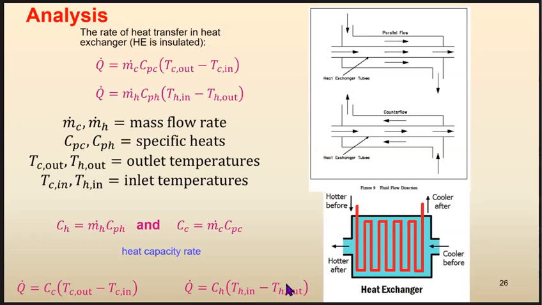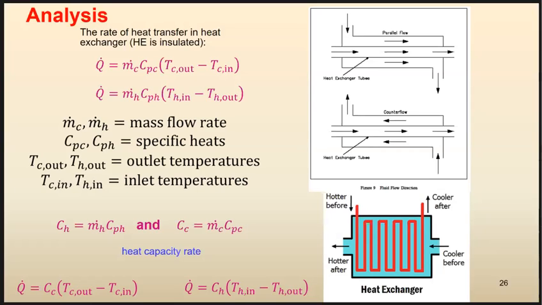If you don't have any loss of energy from the heat exchanger to the surroundings, and the only heat transfer is happening between the hot side and the cold side, then these two equations are equal. They are supposed to be equal if you don't have any heat loss.